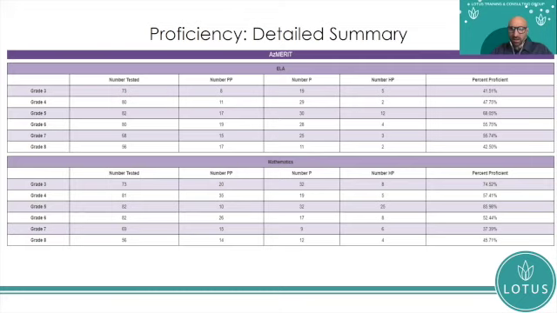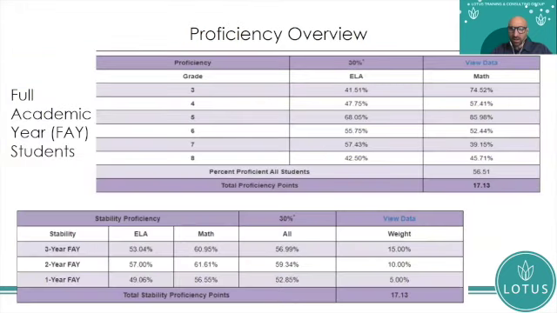The third question around this proficiency data that I want you to ask yourselves is, in what grades or content areas do we need to see the most improvement? Just like we want to recognize where our greatest strengths are, we also want to recognize where we need to improve the most. So we're going to look at this high level data and just spot the lowest percentages.